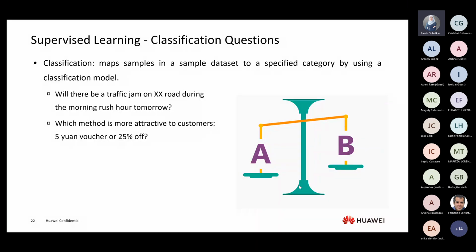Or, for example, which fruit is more beneficial, for example in vitamin C, and so on: E or C or B. These are some examples of classification.